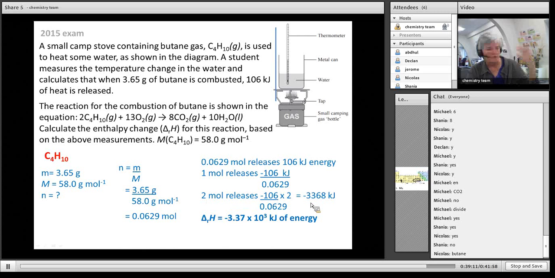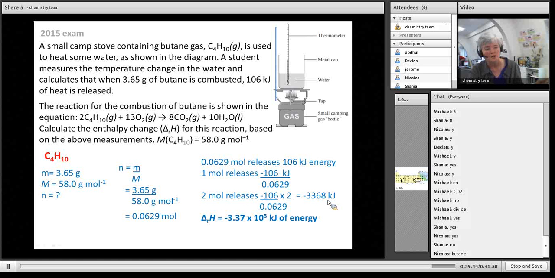In the previous one, I wasn't going on really about the significant figures because they really just wanted you to compare whether ethanol gave more heat than methanol. Here they want you to have the delta H. So one way of getting that to 3 significant figures is to say 3.37 times 10 to the 3, because that clearly shows the 3 significant figures.